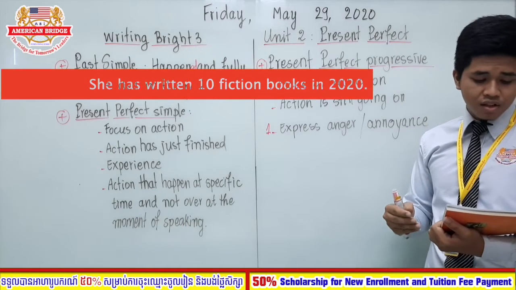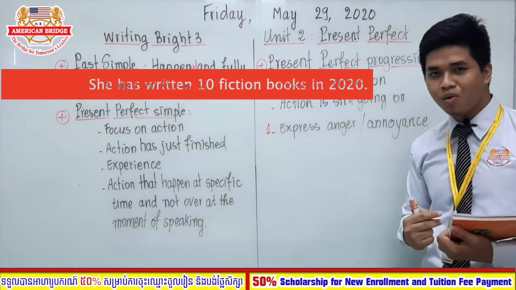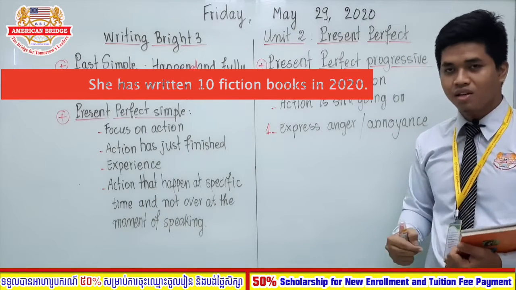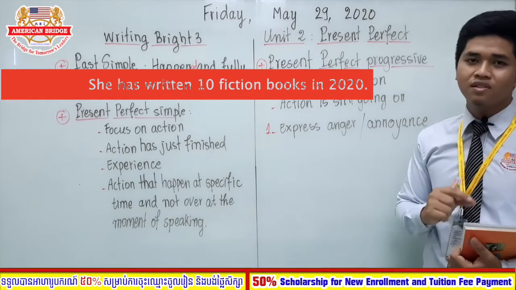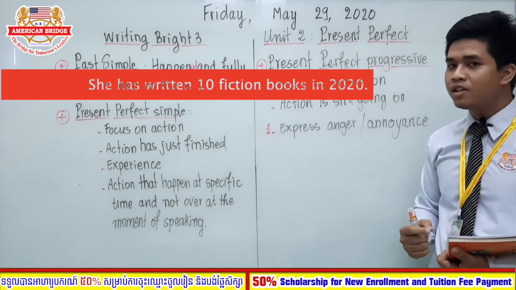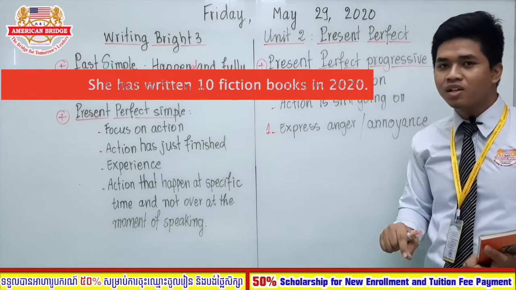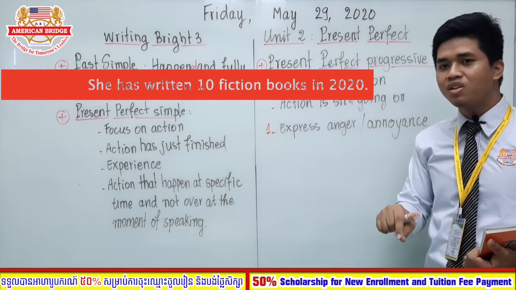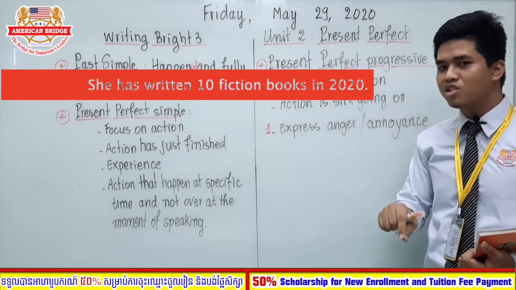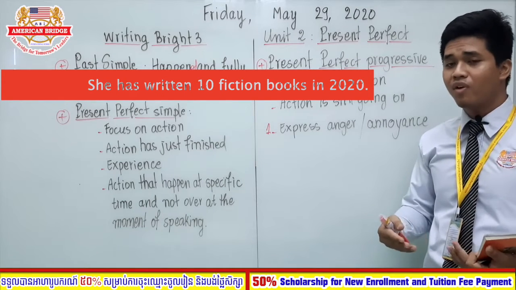She has written 10 fiction books in 2020. Here again, this sentence is in present perfect simple. And this year, everyone, what year is this year? Is it 2021 or 2020? Sure, it's still 2020.